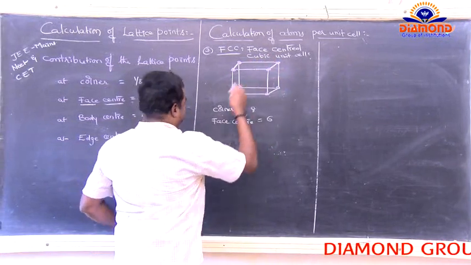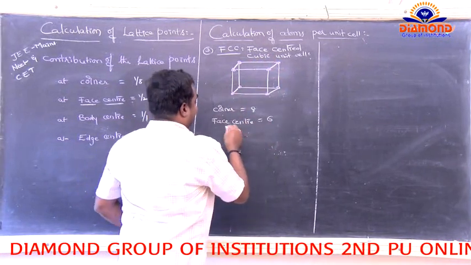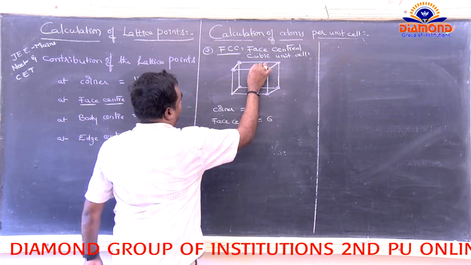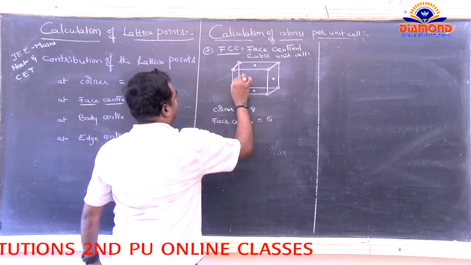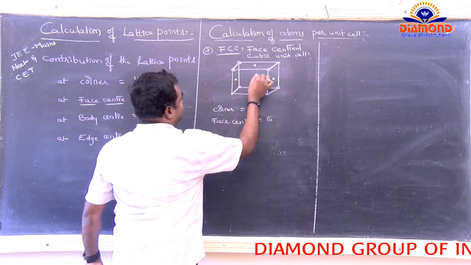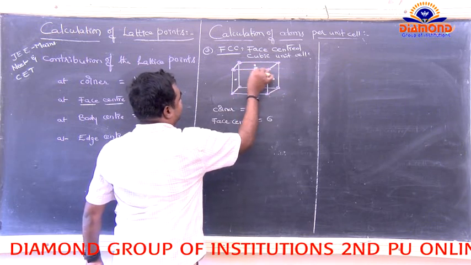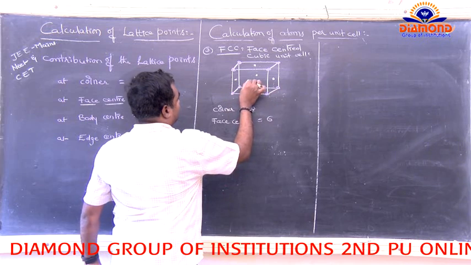So 8 corners, and next the 6 faces: 1, 2, 3, 4, for this face we got the 5, for this face we got the 6.